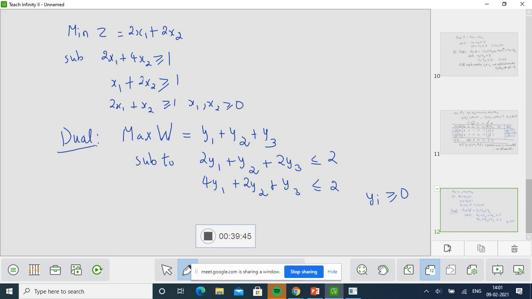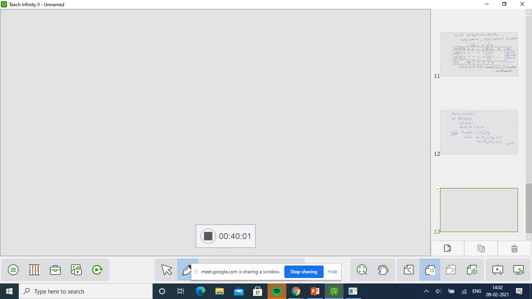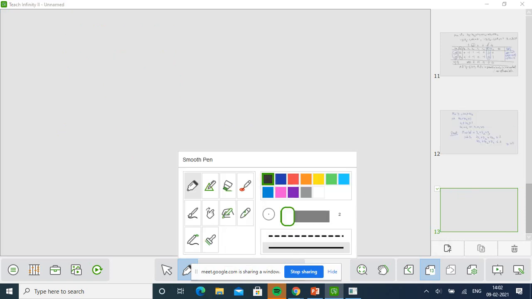Now tell me, should I add slack variable or surplus variable? Yes, I should add slack variable. So write down: adding slack variable with cost 0. What will I get here?